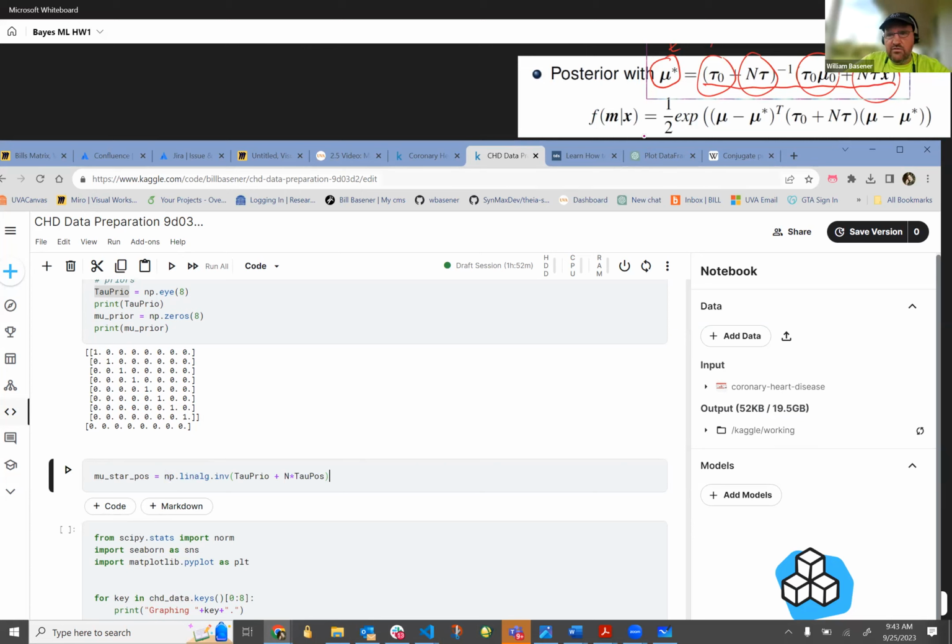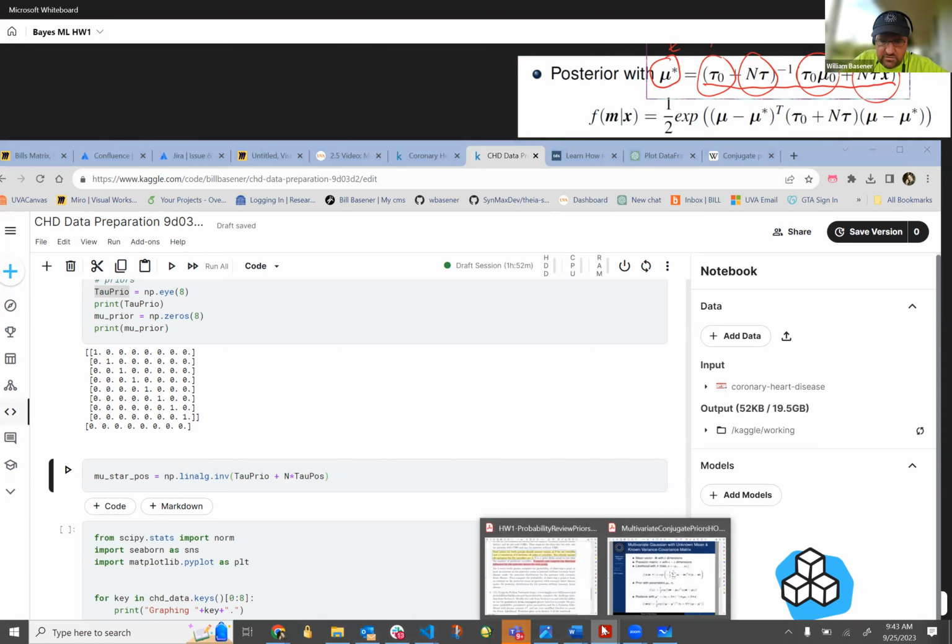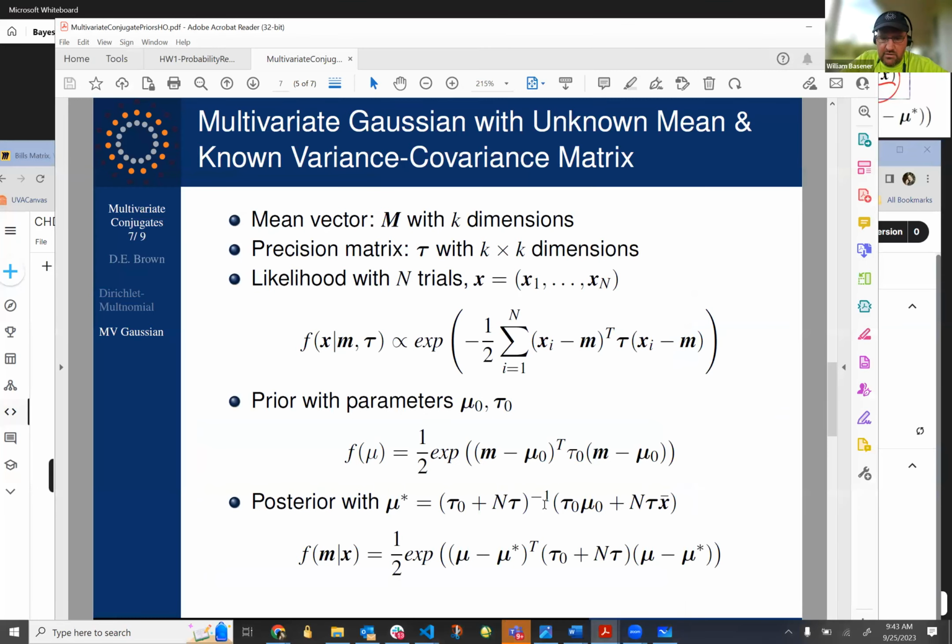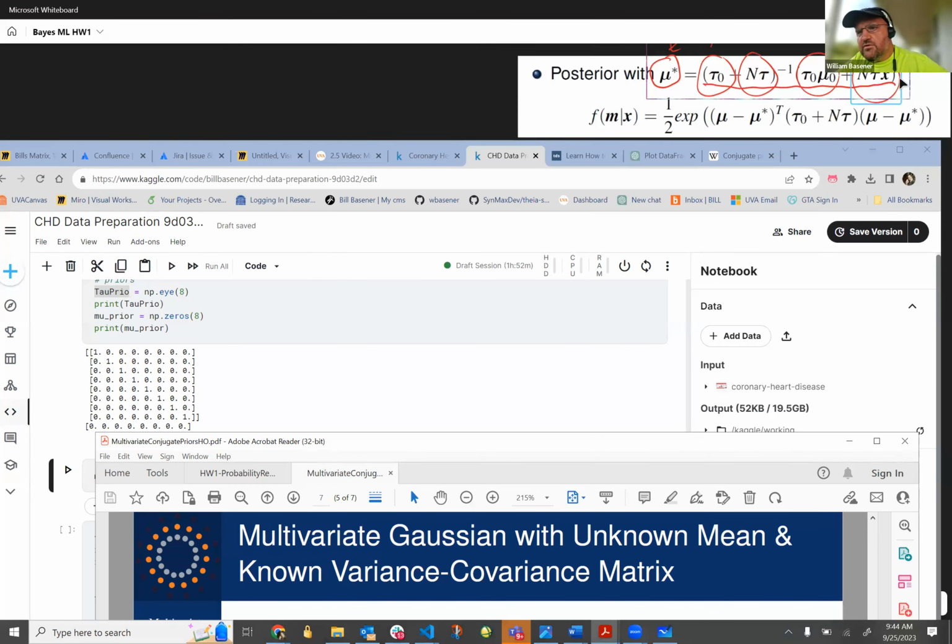So that's the inverse of this, which gets this piece in parentheses inverse. I just want to check that I'm not covering anything with my writing. And then the second piece is all in parentheses, so we have to start some parentheses for that second piece. There's a closed parenthesis here.